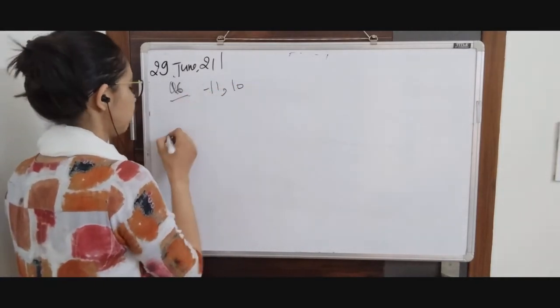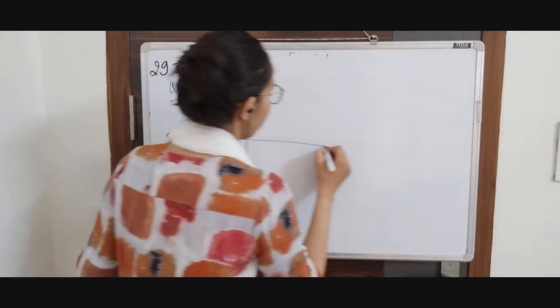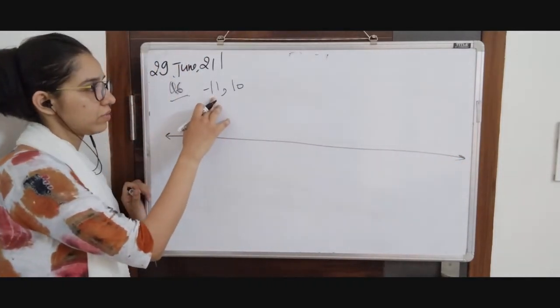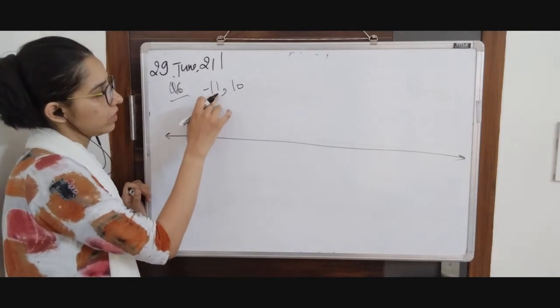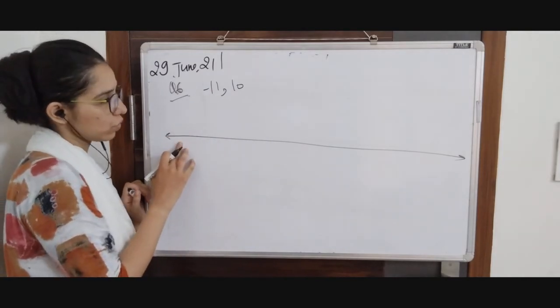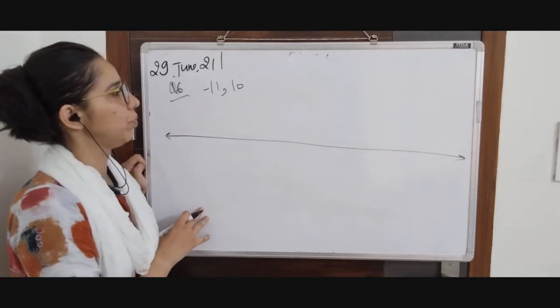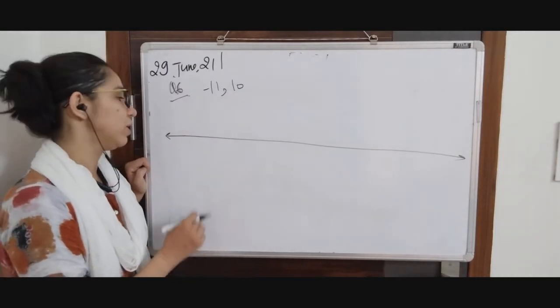Next we have -11 and 10. We will draw the number line and now we have to point -11 also and 10 also. So the total number of divisions should be more than 21.